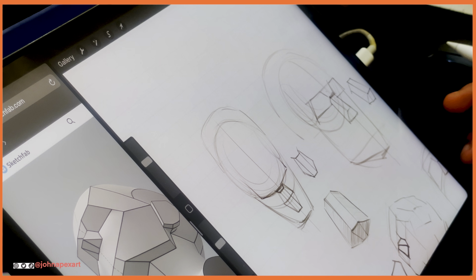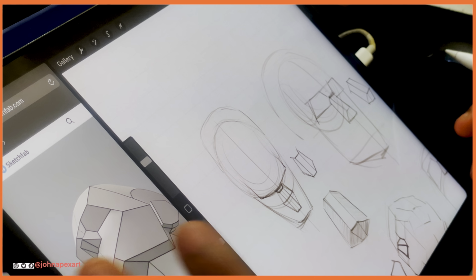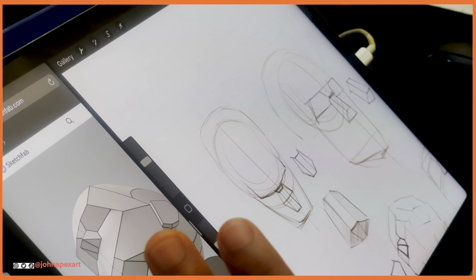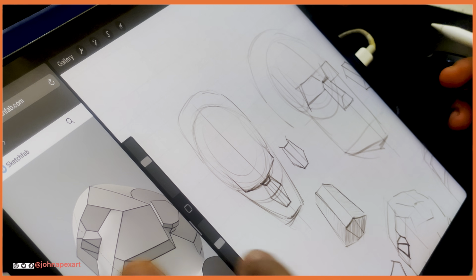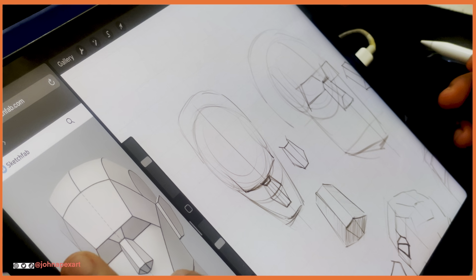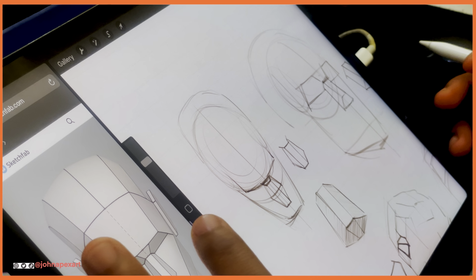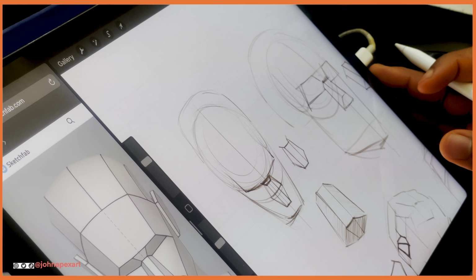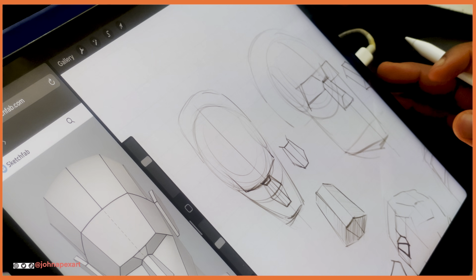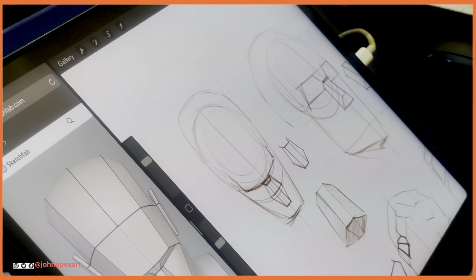Coming back to something like this is really going to help me figure out how to place the nose, the mouth, the ear in these angles. So I would highly advise that you learn, or at least memorize, this basic placement and positioning of the nose.